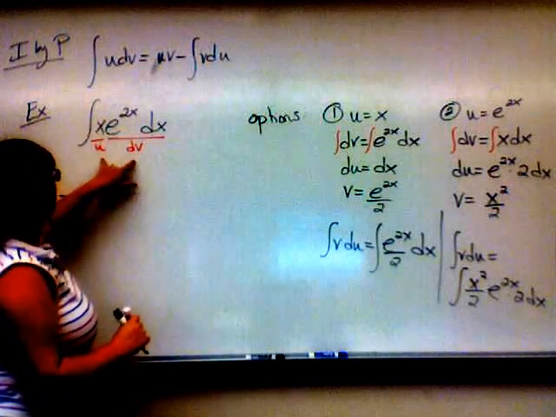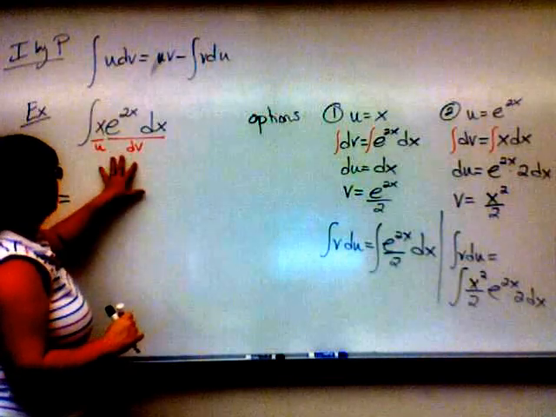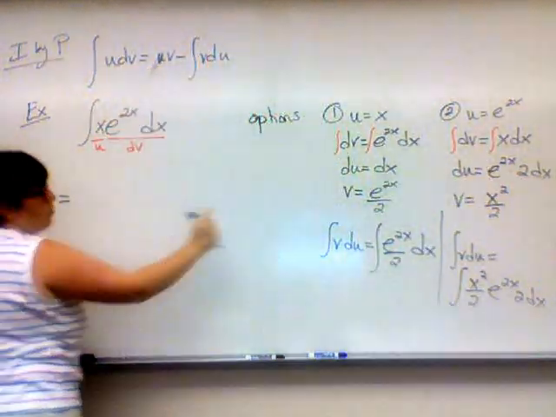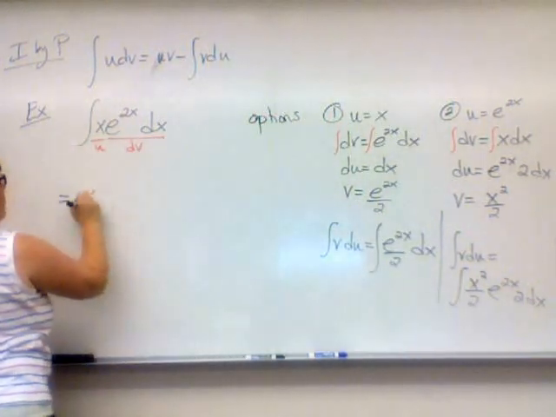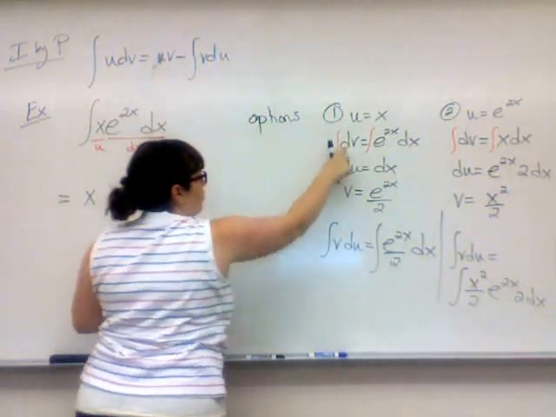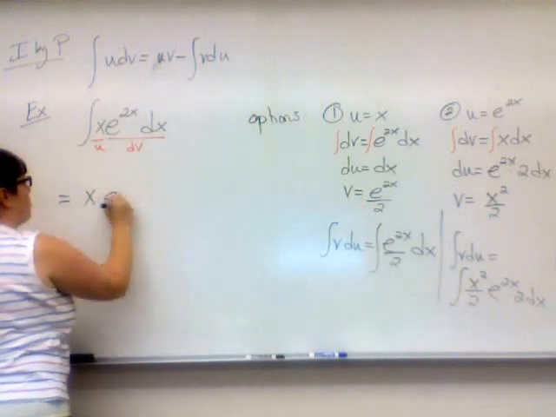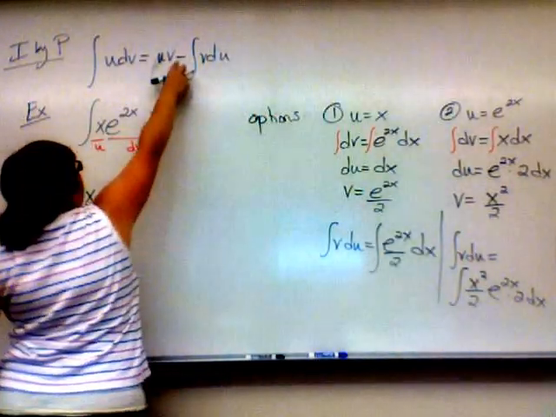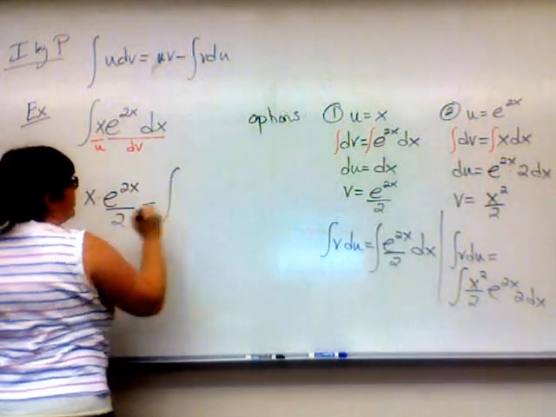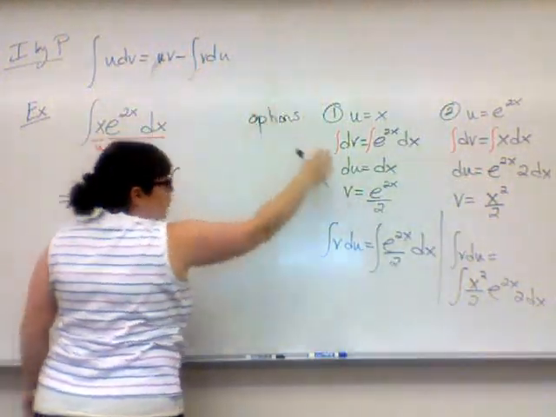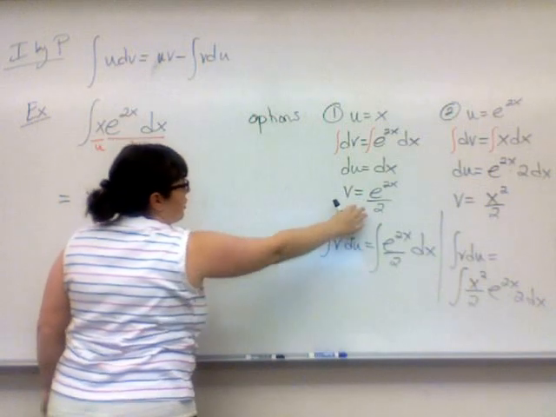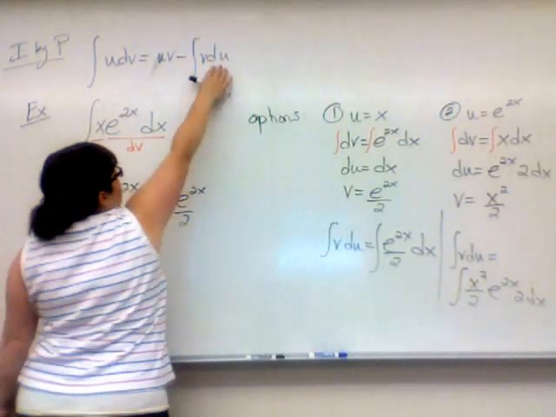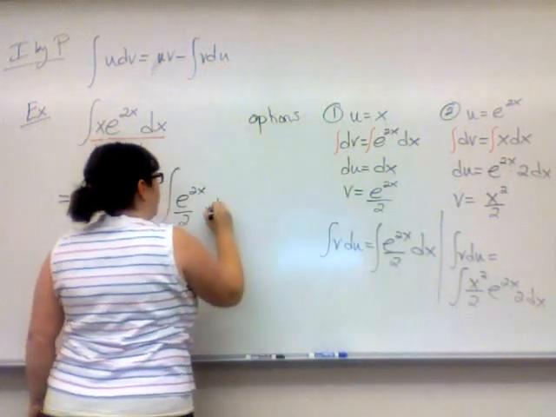So under that requirement where I have integral u dv, and there's my choices, this is equal to uv. Okay, so u is equal to x, v is equal to e to the 2x over 2 minus indefinite integral v, and we've already constructed this expression, but let's just make sure, e to the 2x over 2, and then du, which is dx.